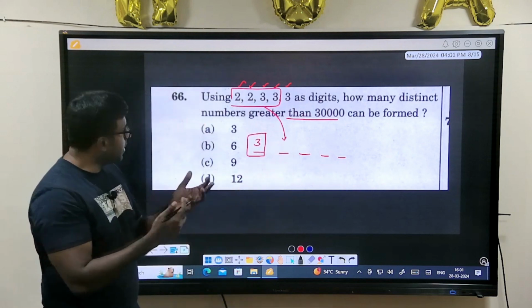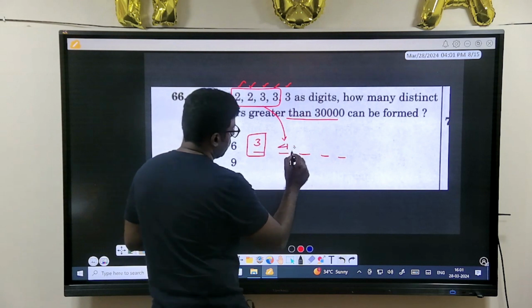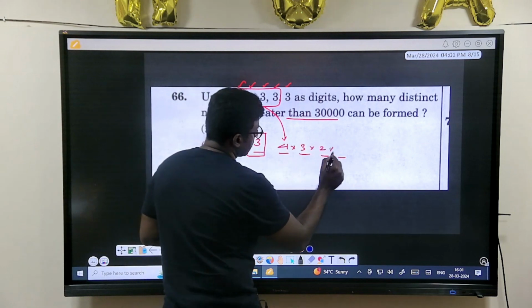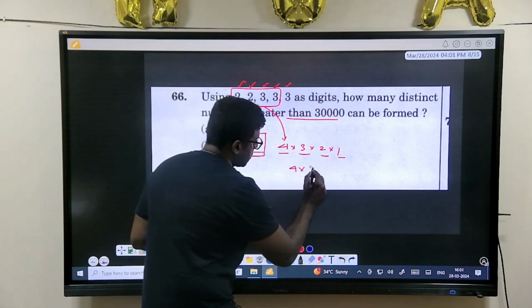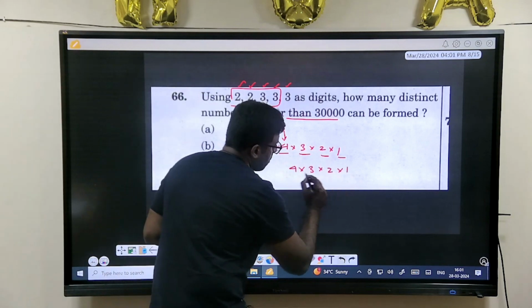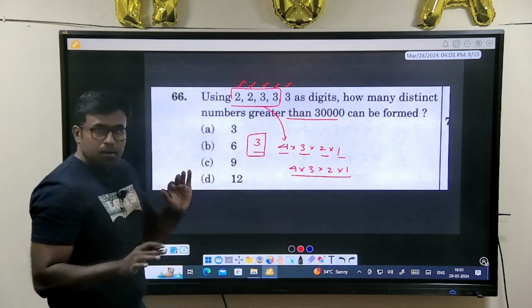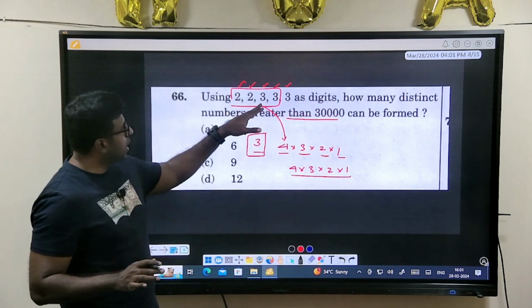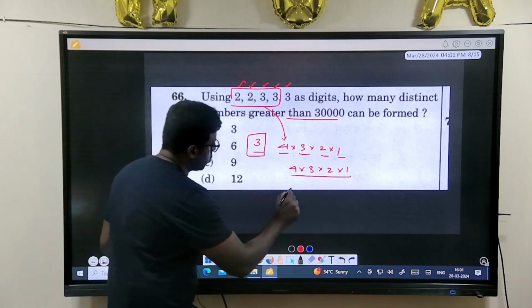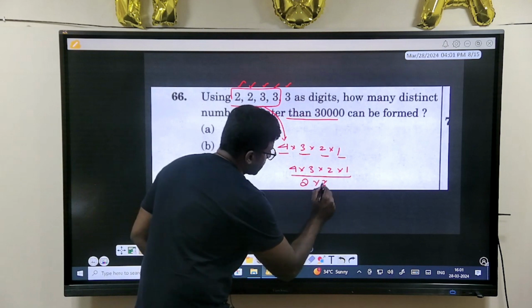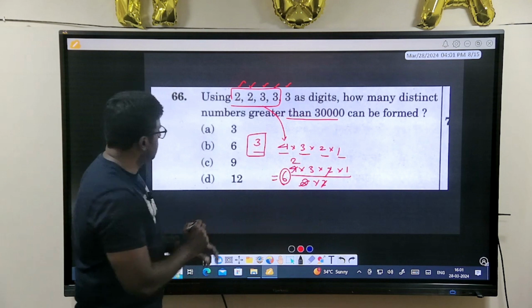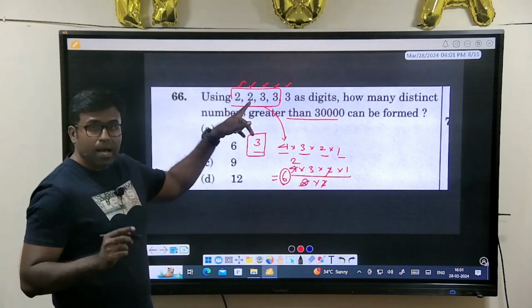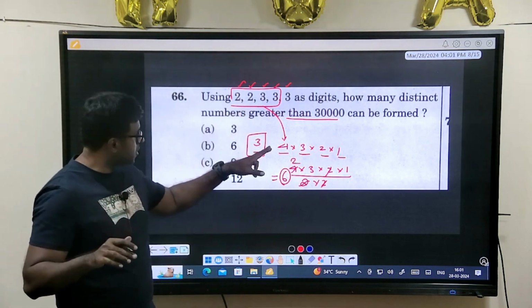It can be either way: 4 3 2 1, because 4 positions are there. But you have to account for the repetition of digits.